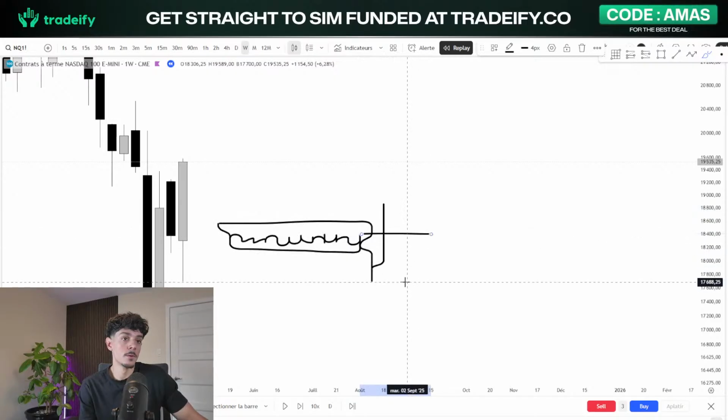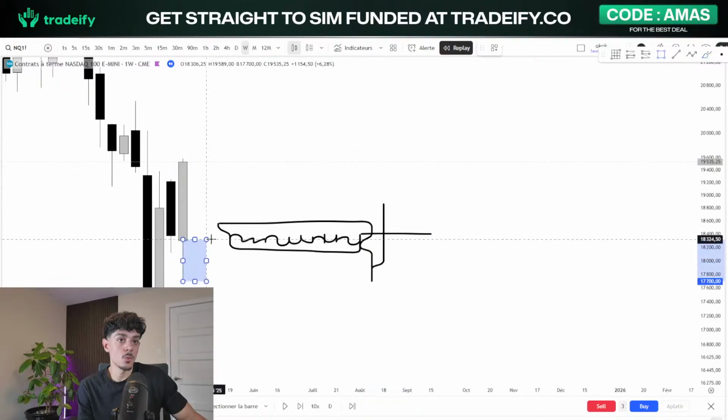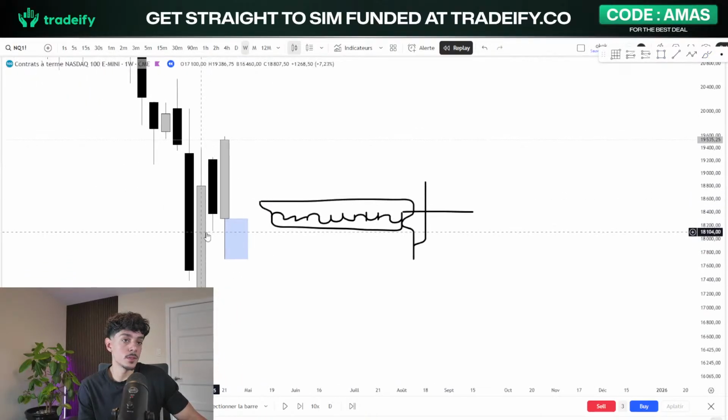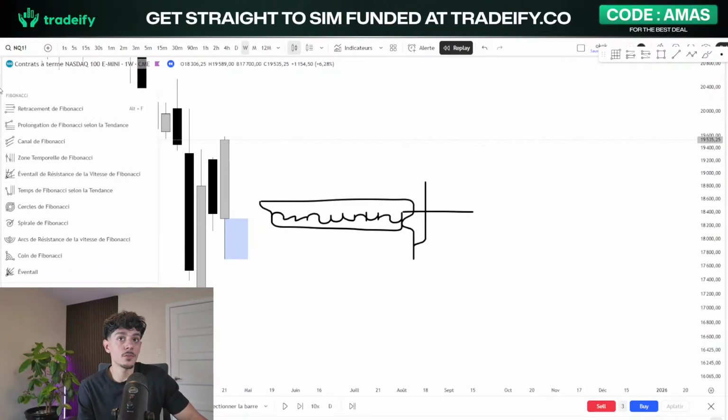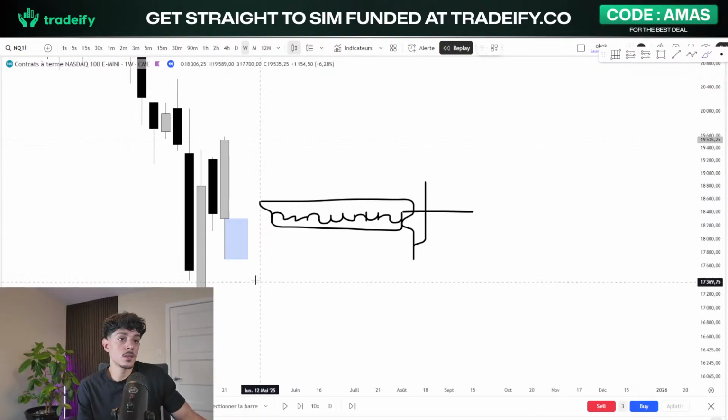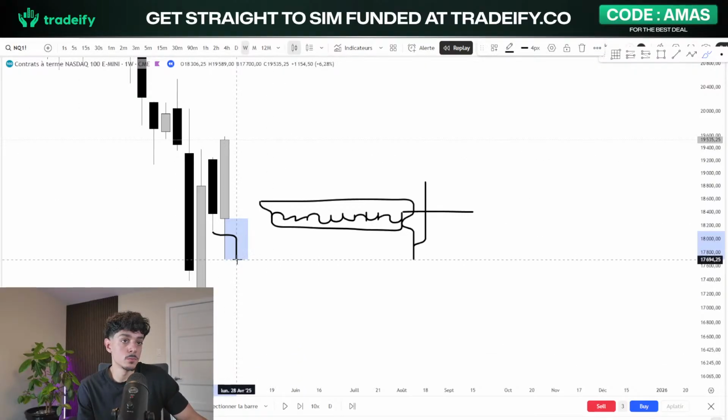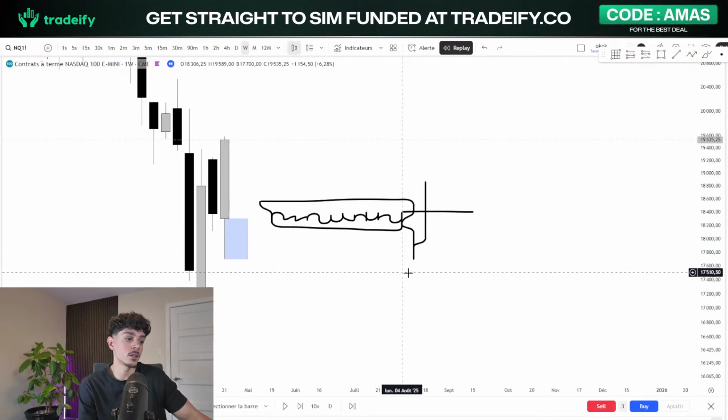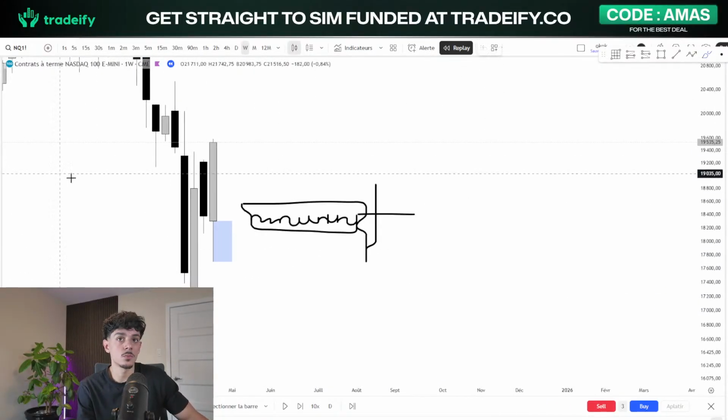A lot of people are either trying to enter inside this wick creation when we're starting to get above the open, or predict that this candle will close bullish after we start seeing bullish signs below lows. But this is how you want to catch high RR plays, which is not necessarily what you want to do.